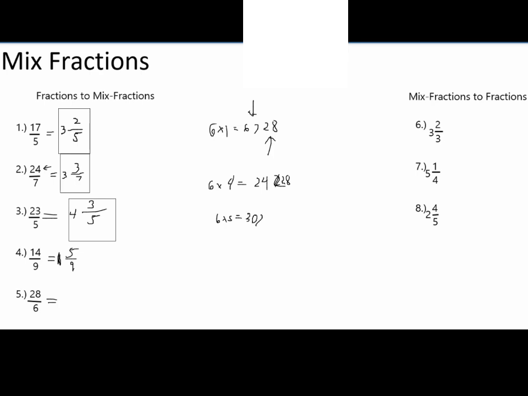We cannot use 6 times 5 because it's greater than 28. So we need a number that is less than 28 and closer. So we're just going to copy 4, copy the denominator, and then subtract 24 from 28, so we got 4. So there you have it. That is our answer for number 5.